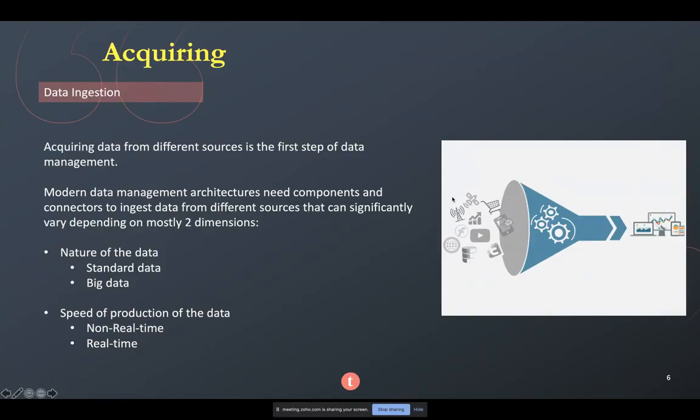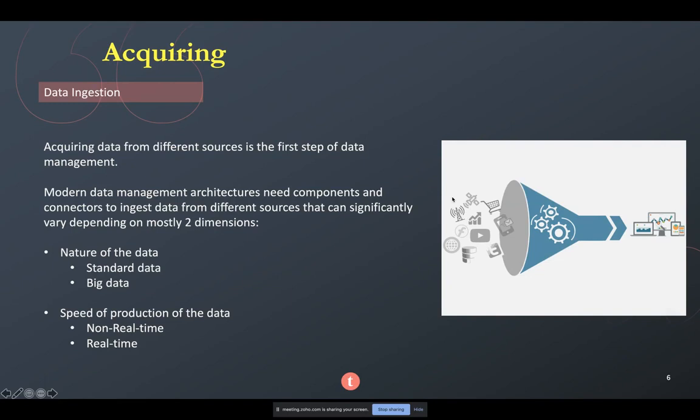sources. And these kinds of components mainly vary depending on two dimensions. The first one is the nature of the data. Here, what I mean is standard data and big data. I will talk a little bit more in depth about what big data is. But standard data can be anything.